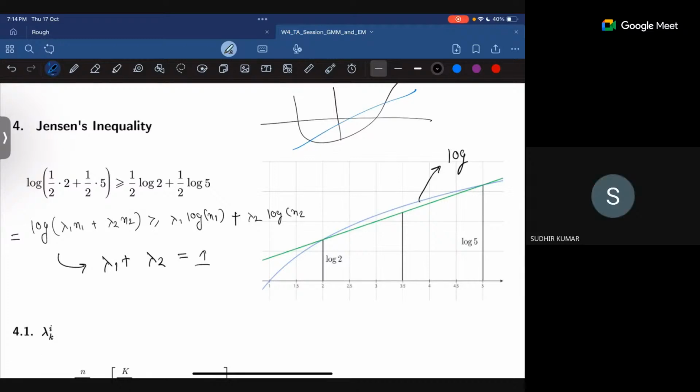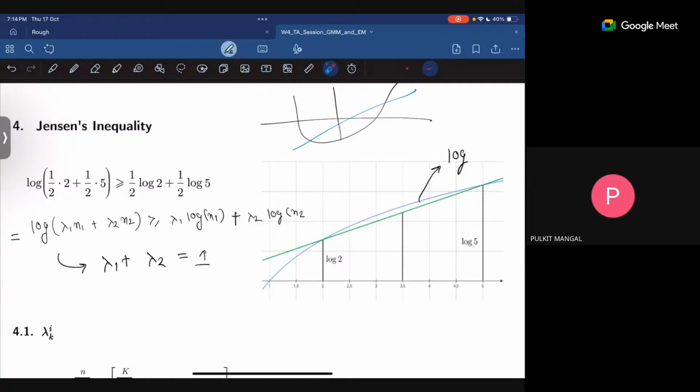Only under this scenario will this happen: if you choose any two points and scale them by lambdas such that the lambda values sum up to 1, then the straight line joining them will always lie below the curve in the case of concave, and in the case of convex, it will lie above the curve.